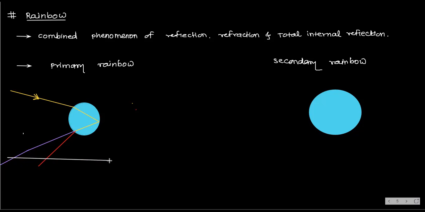And here is the observer. Suppose this is an eye, then with this observer, what is the angle made?